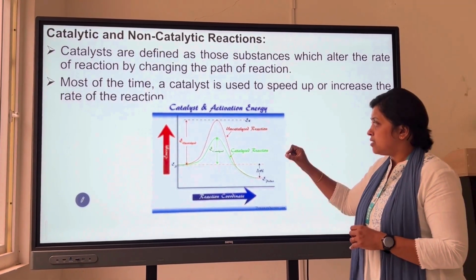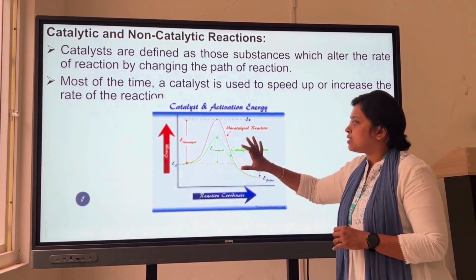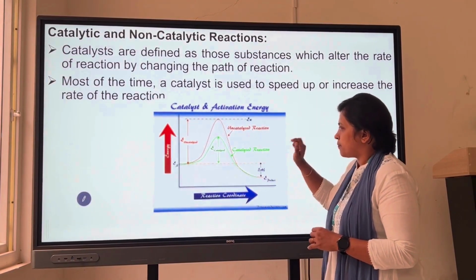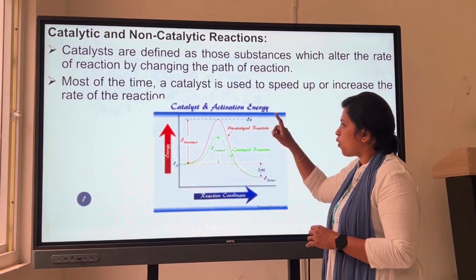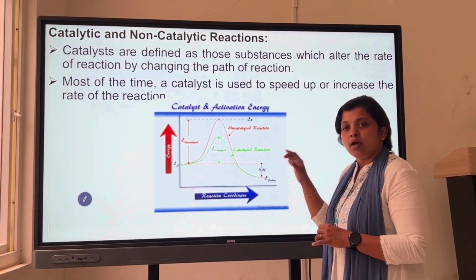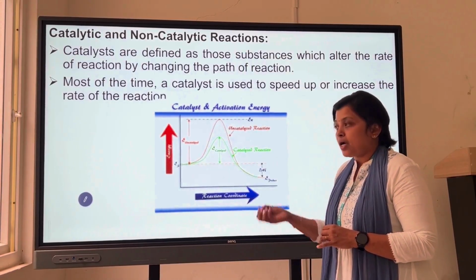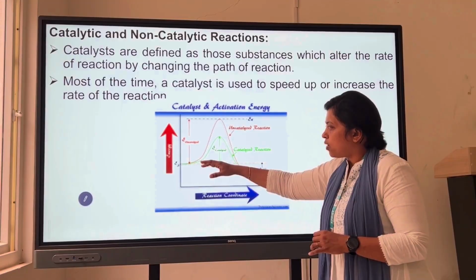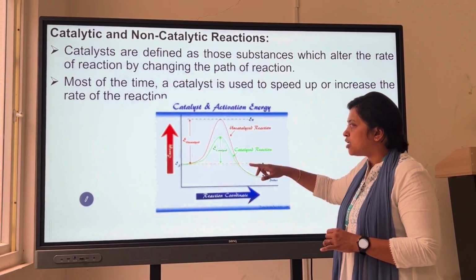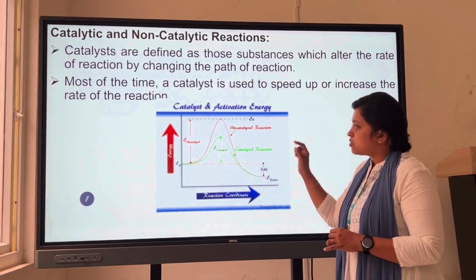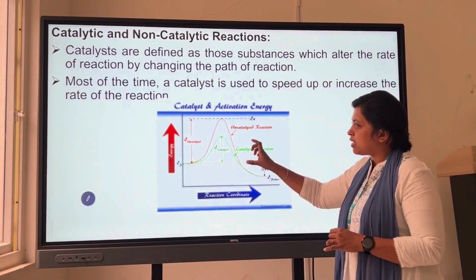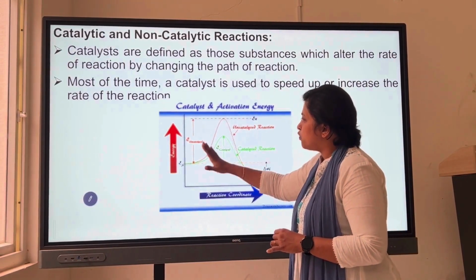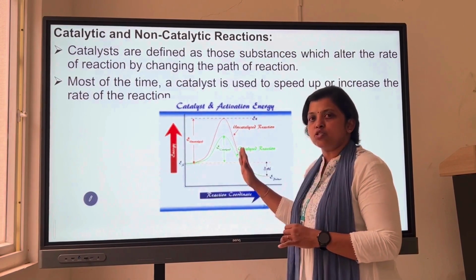Then how does the catalyst alter the rate of the reaction? See, this is the uncatalytic reaction. This is the catalytic reaction. We all know about the activation energy, right? Activation energy means at a particular energy, this reactant will automatically convert into the product, right? This external energy or internal energy build-up will change if we give the catalyst into that reaction.